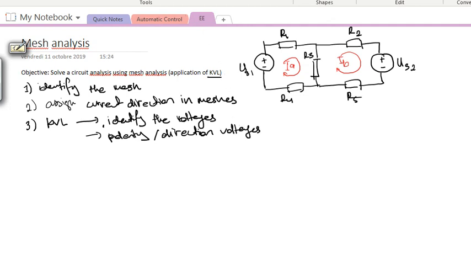So how many voltages are there in each loop, and in which direction do they point? For example, let's take the first loop.